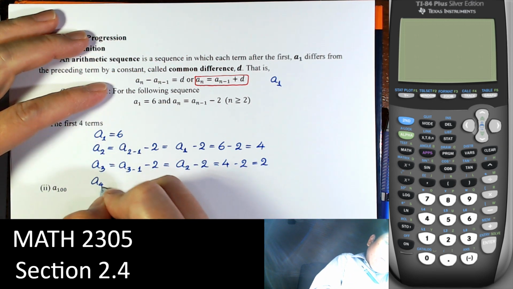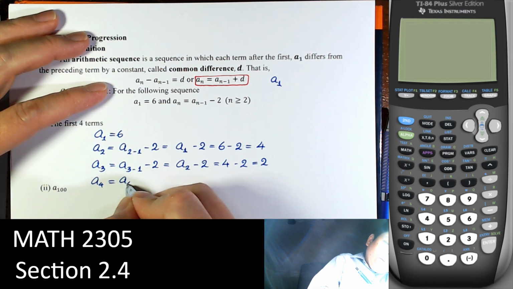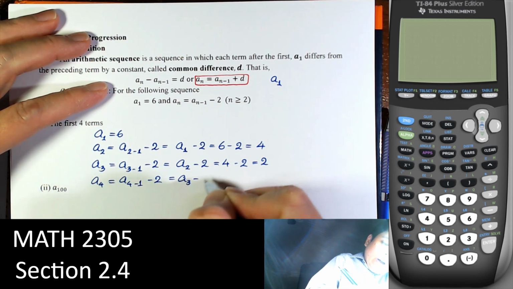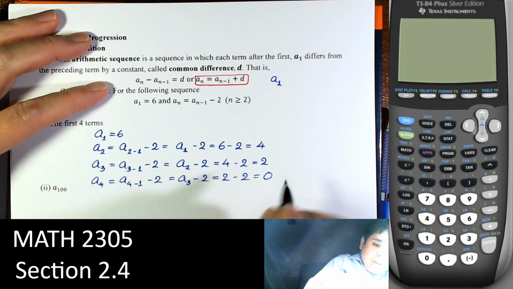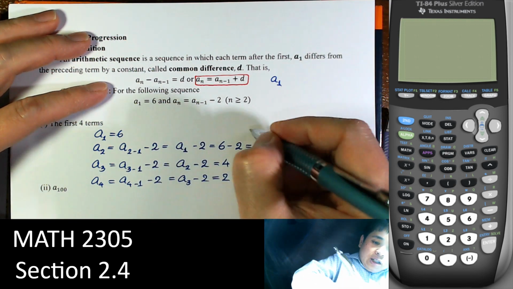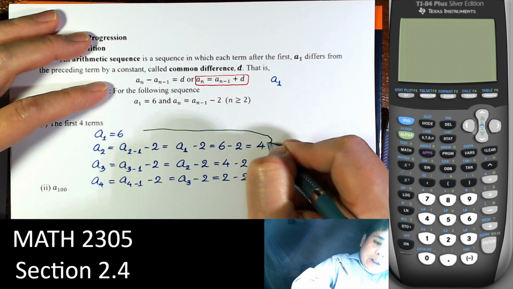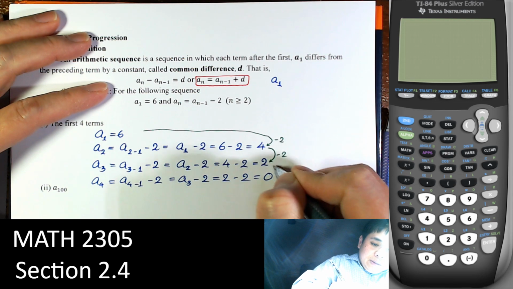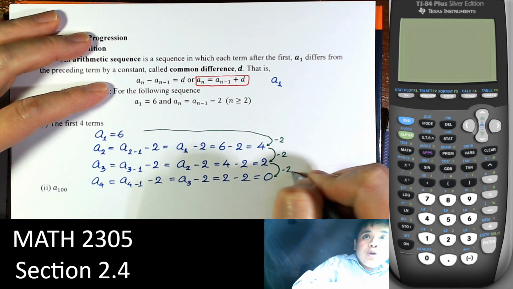And A3 is A2 minus 2. So what we see is that starting from A1, we just keep subtracting 2 every time to get to the next.